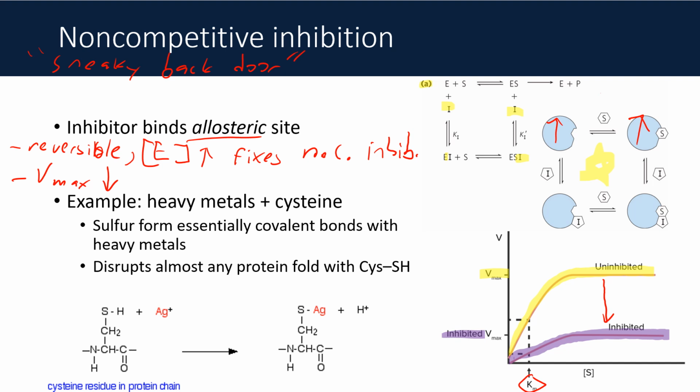The best examples of a non-competitive inhibitor, in my opinion, are heavy metal ions, things like lead, mercury, cadmium, silver, etc. These ions all have a very strong affinity for the element sulfur. And so they particularly like to mess up cysteine thiols and disulfide bridges by essentially forming a covalent bond with cysteines.